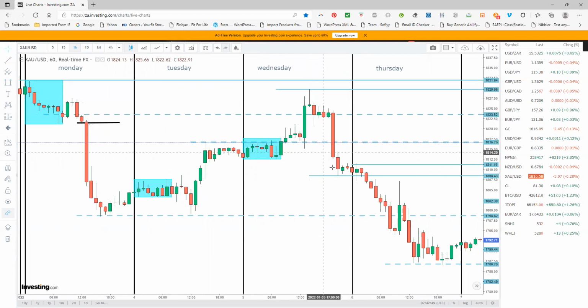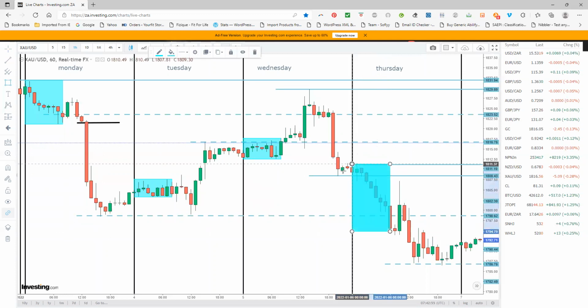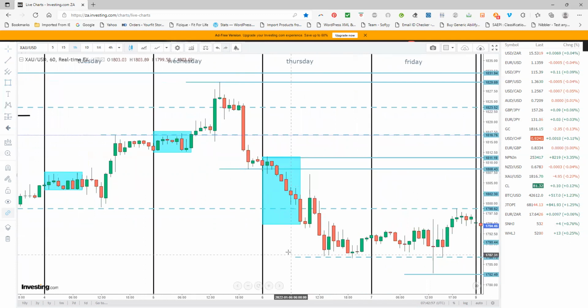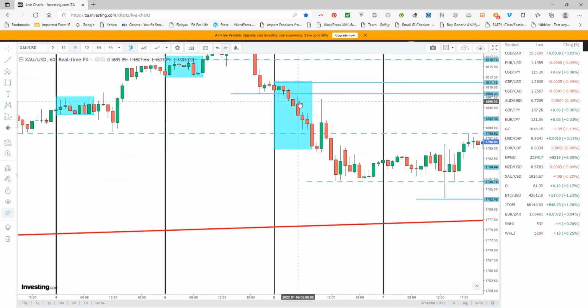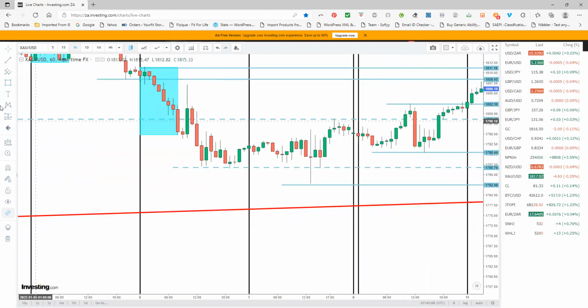Dropped all the way down. Type 3, down, created a stop hunt, dropped all the way down to a confluence area. Can you see? Yes.